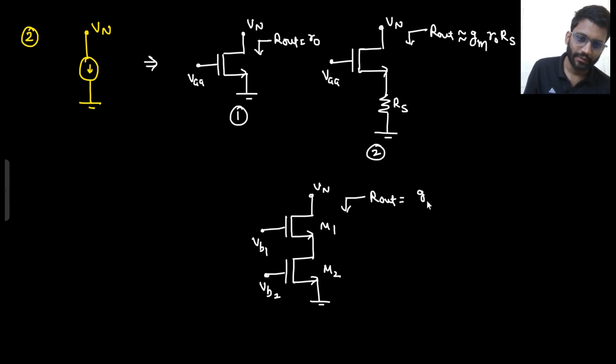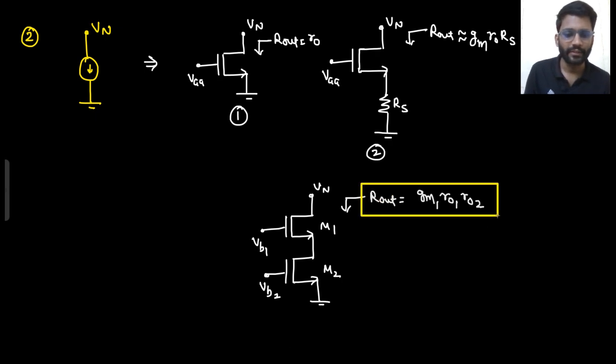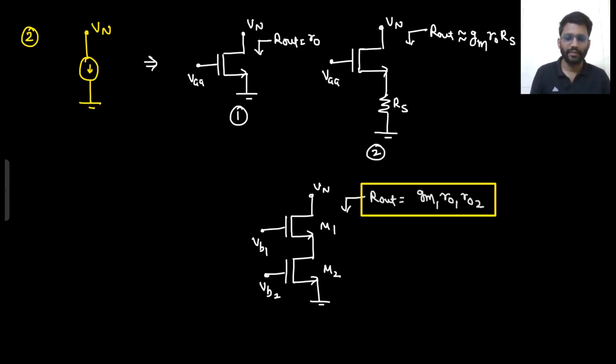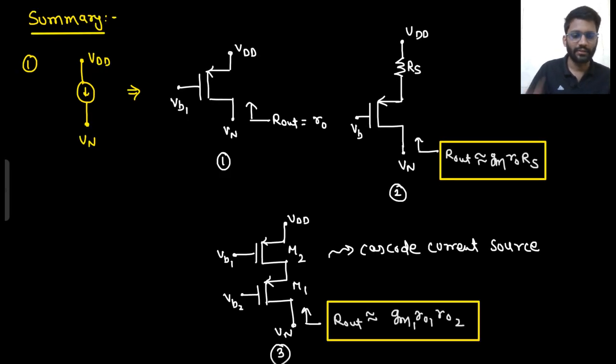That would be GM1 R01 R02. So till now, whatever we have studied is covered in the last two slides only. So if you just revise these last two slides, you will be able to understand everything. And this is not the complete one. This is the approximate R out, GM1 R01 R02. So in the last two slides, we have seen everything.